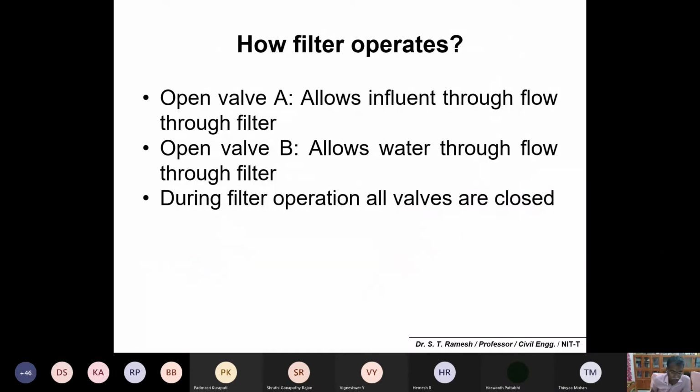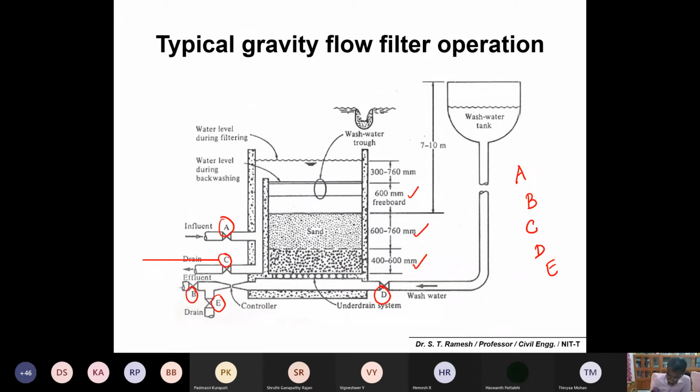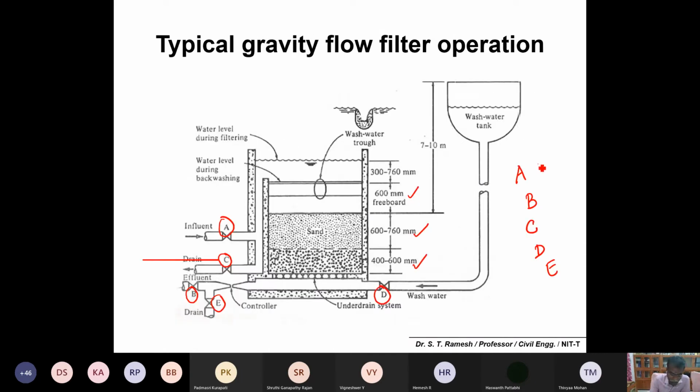Now you have to operate the filter. Let me make a tick mark. Open valve A. Look into the diagram. Open valve A, thereby you allow the influent to pass in. Water will be filled and will migrate through the filter.